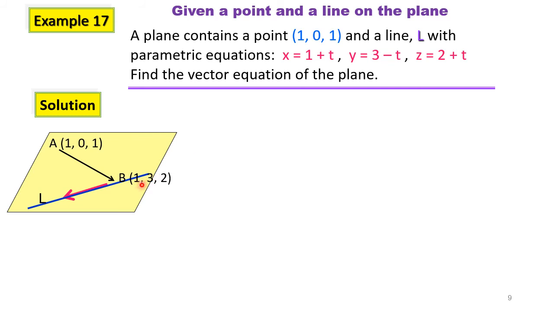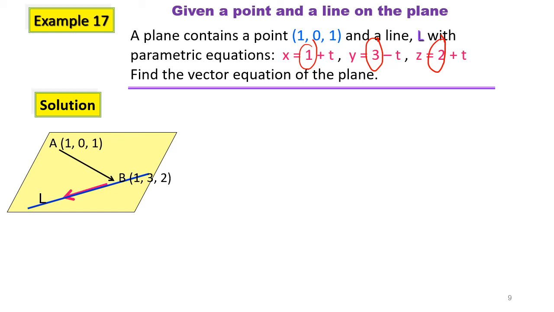So as you can see here, this is our plane. This is a point on the plane, and this is the line. So the line also contains point B. Where do we get the point B here? So actually point B here, we can find out from the constant here. So 1, 3 and 2.